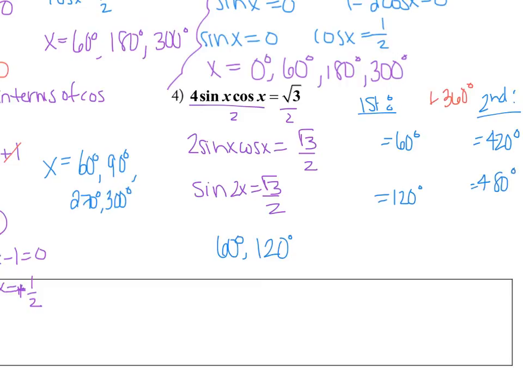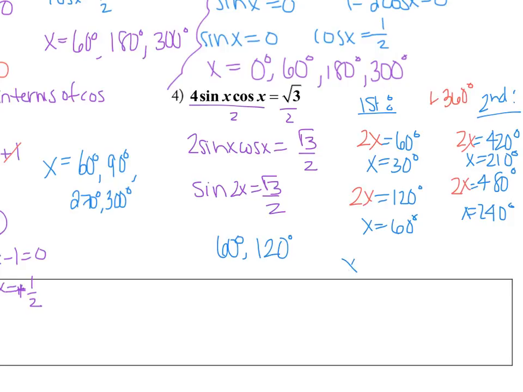Now go ahead and plug in the 2x for all of your equations and solve for x. Okay. So you should get 30 degrees, 60 degrees, 210, and 240.